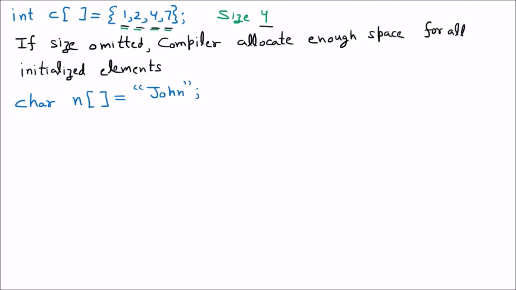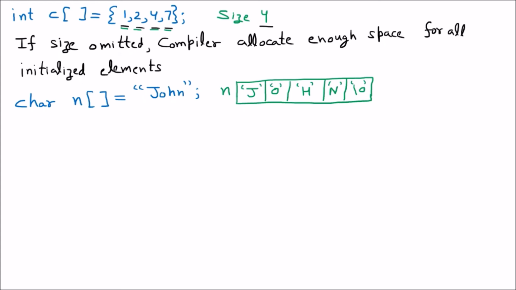Now how is it going to be stored inside the memory? We know that this is the memory location and the name is name, and first we have j o h n, and afterward \0 is applied, and automatically that string is converted into characters.